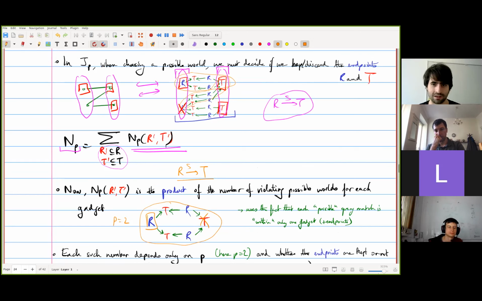So in the end, all that matters is how many gadgets I have of type 0,0, of type 0,1, of type 1,0, and of type 1,1. And precisely the number of gadgets of this type is the number of edges with 2 kept facts like this. And the number of gadgets of this type is precisely the number of edges that are like this and like this.